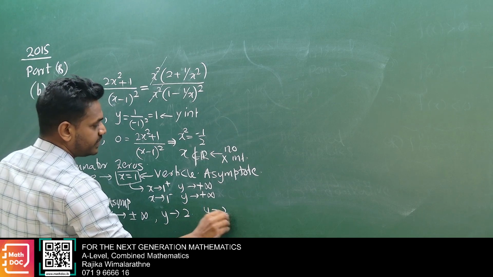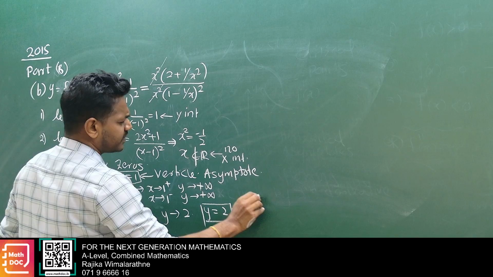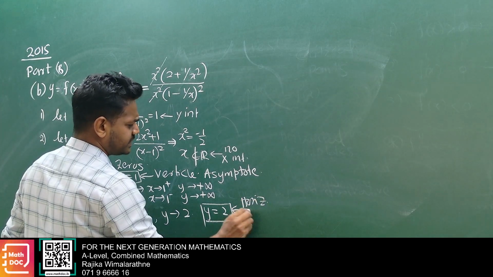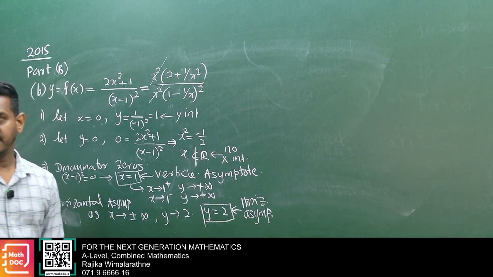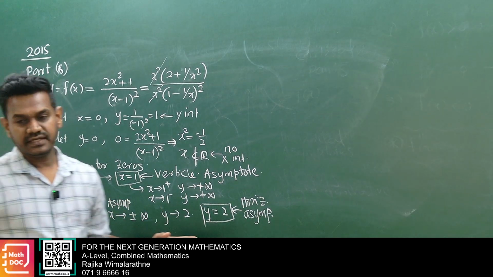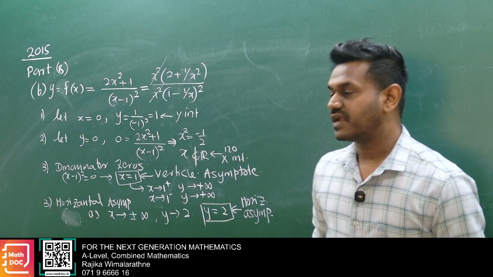Then y equal 2 we call horizontal asymptote. So that's the thing we can find by the function.